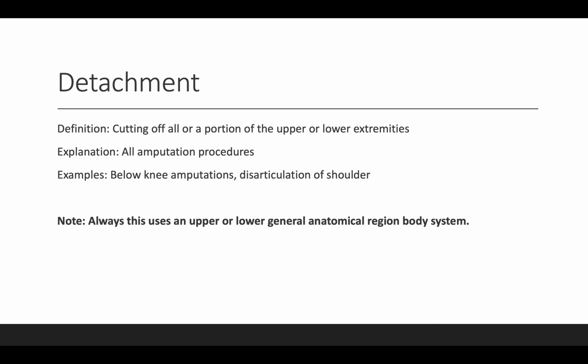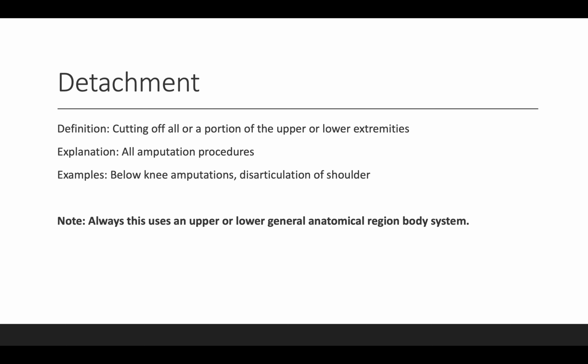Next, detachment root operation. Definition: cutting off all or a portion of the upper or lower extremities body parts. Explanation: all amputation procedures. For example, below knee amputation, disarticulation of a shoulder. This root operation always uses an upper or lower general anatomical region body system.